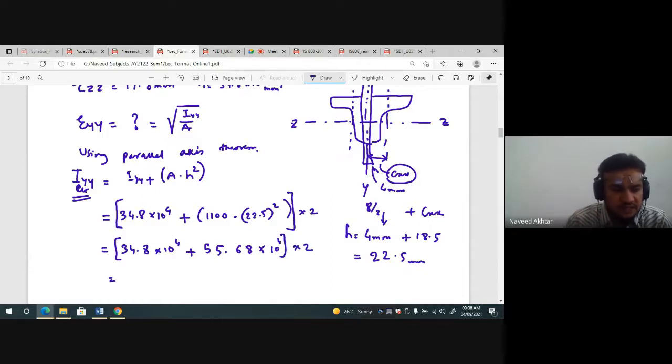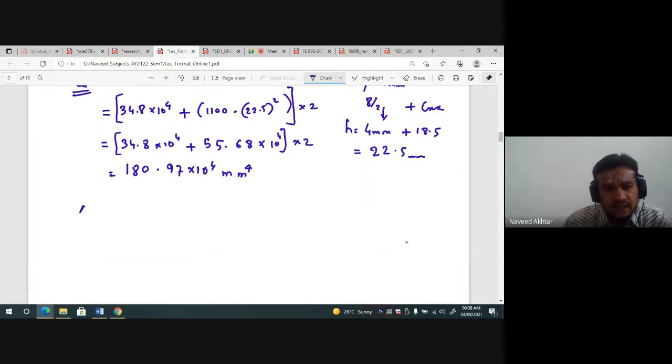So it is coming around 180.97 into 10 raised to 4 mm raised to 4.